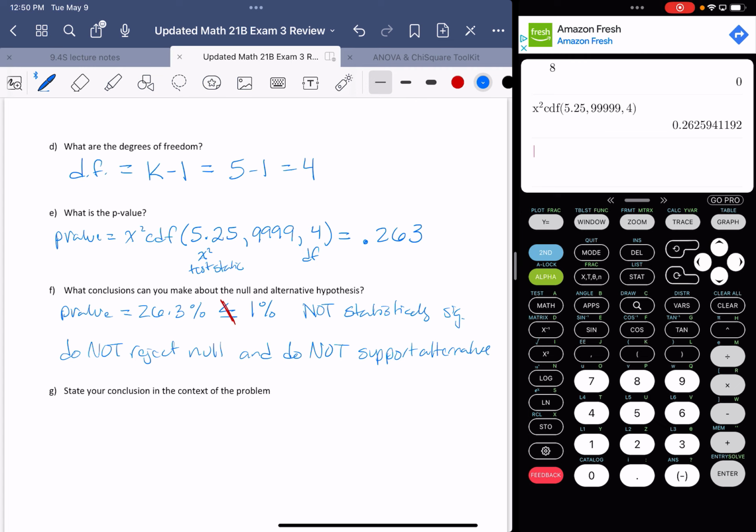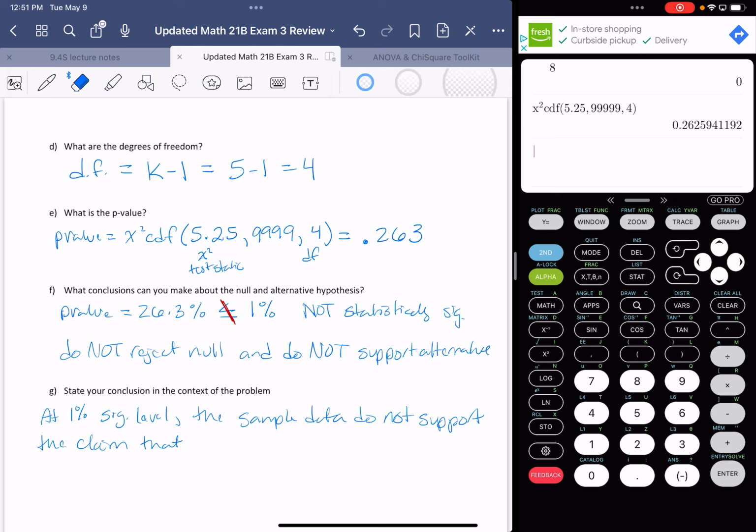So now we can state our conclusion in the context of the problem, which is at a 1% significance level, the sample data do not support the claim, the claim being your alternative hypothesis, but we want to be more specific here.